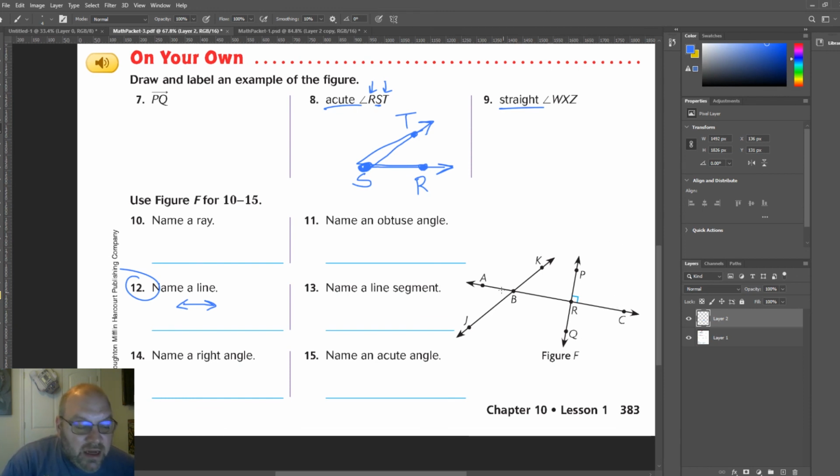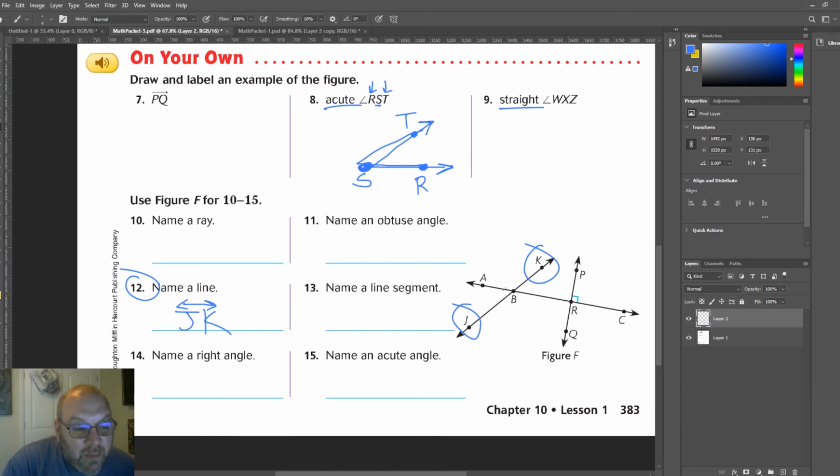And then let's find a line. Now a line goes on and on and on in both directions. So let's find something. I see one that's popping up on me. JK. Remember, there's no vertex in the line. If you tell me line JB, then that's not even a line. JK is a line. BK is, well, it's a ray.